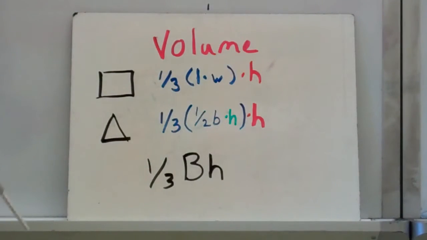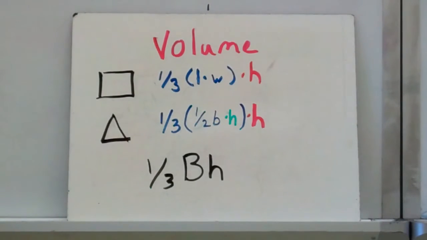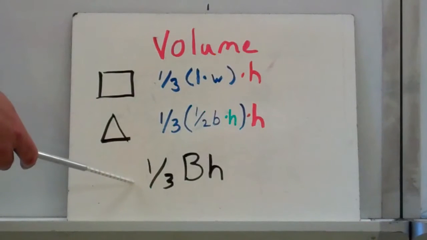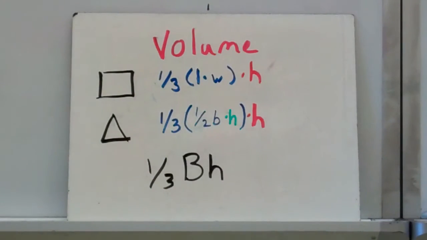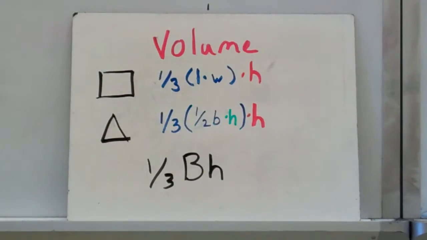For the triangular pyramid, that's where things again get a little more interesting, because you have the two heights. So you find the area of the triangle, and then multiply that by the height, and then do 1/3 of that. Okay, and just in general, the formula for a pyramid is 1/3 the big B, which is the area of the base, times the height.